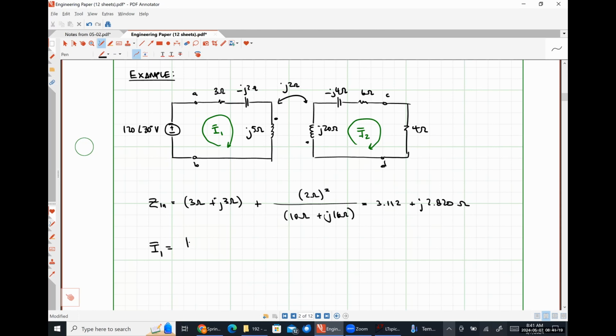So 120 angle 30 degrees volts divided by that input impedance of 3.112 plus j2.820 ohms gives us 28.571 with an angle of negative 12.181 degrees amps.